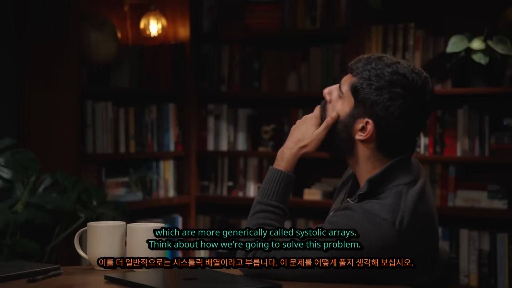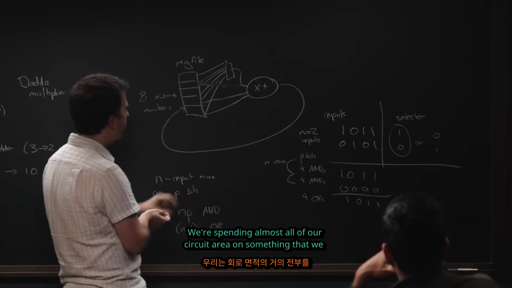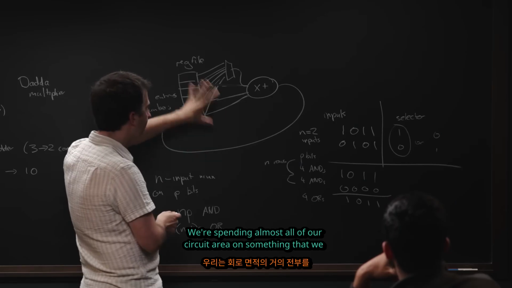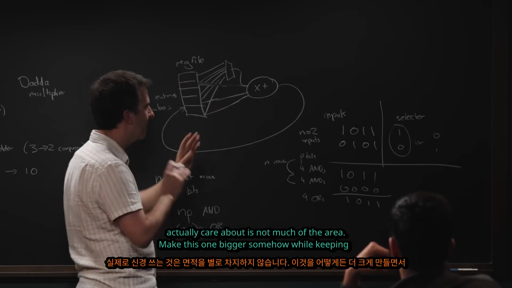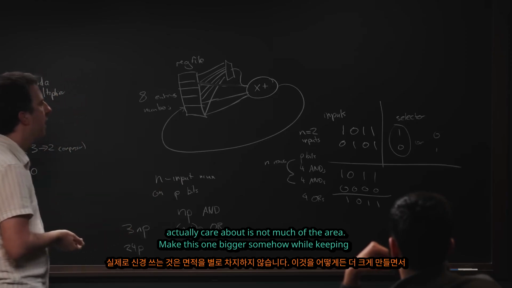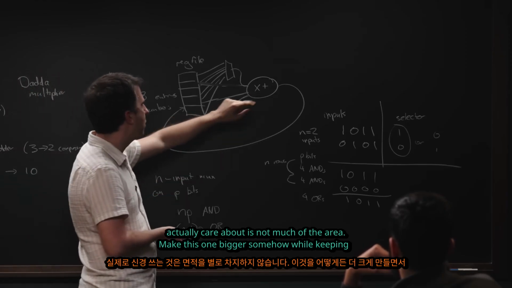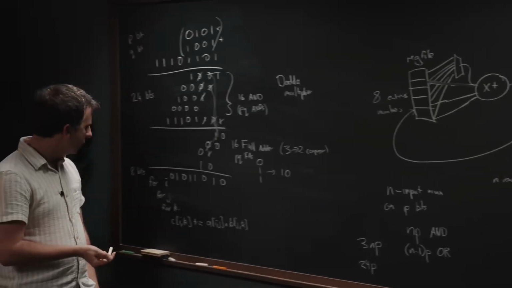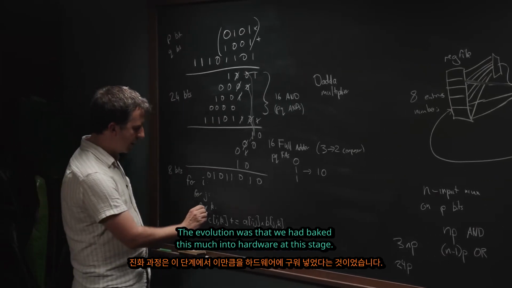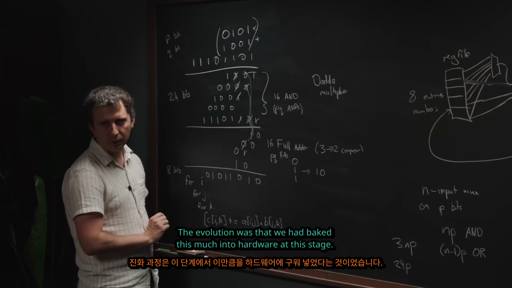So if we think about how we're going to solve this problem, we're spending almost all of our circuit area on something that we really don't care about and is hidden from the software programmer, and the thing that we actually care about is not most of the area. Well, make this one bigger somehow while keeping this at the same size. That's the goal. So the evolution was that we had baked this much into hardware in this stage.